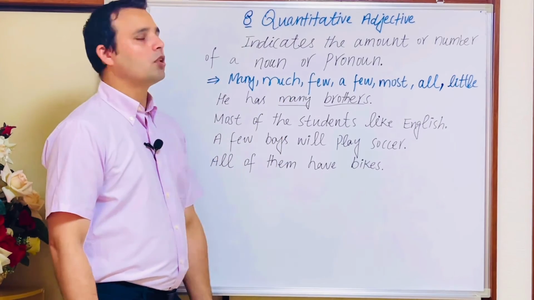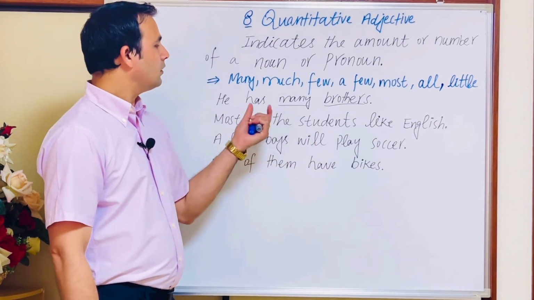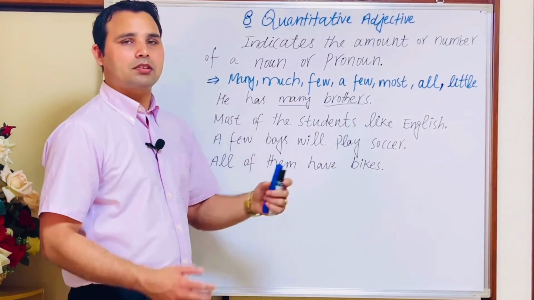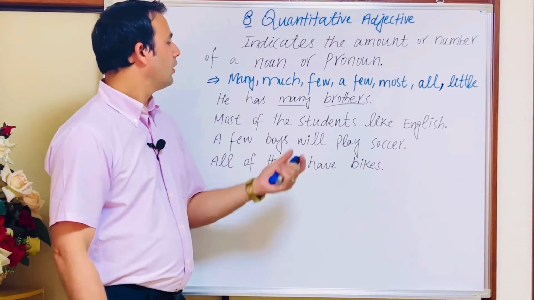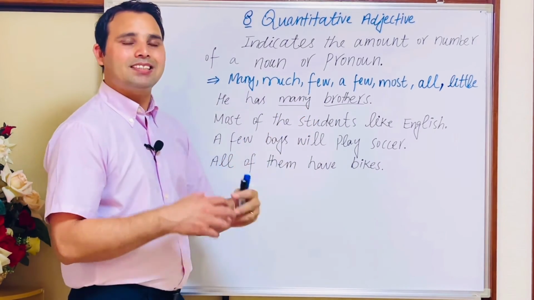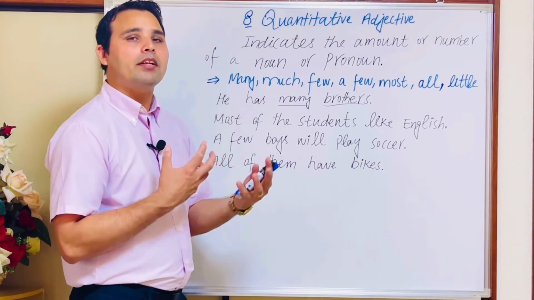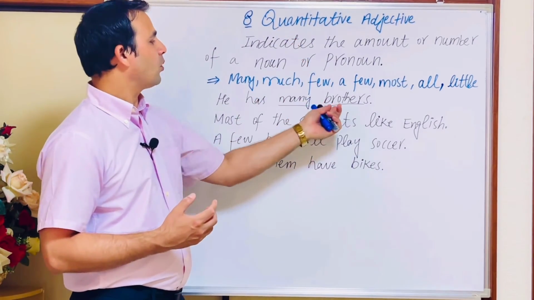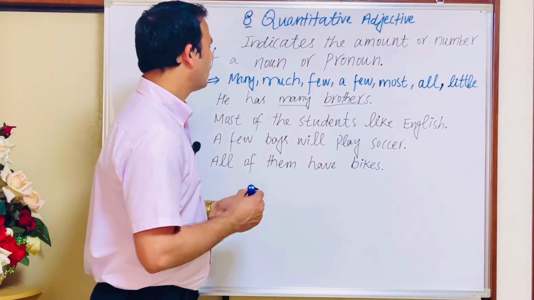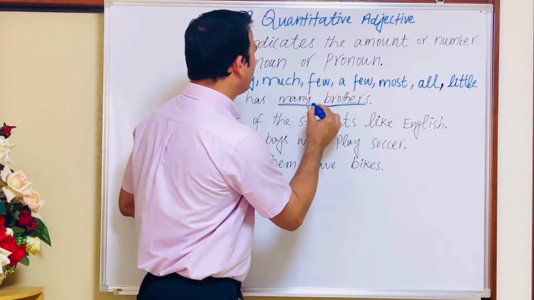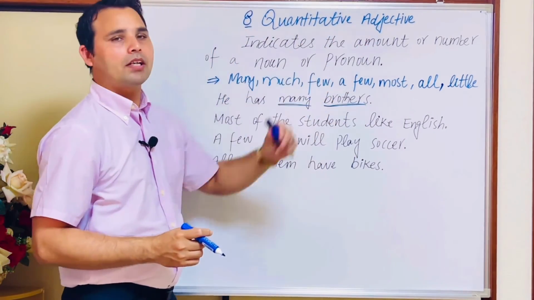He has many brothers. In this sentence, brothers is a noun. Now the word many is indicating the number of the noun. So it will be called a quantitative adjective.